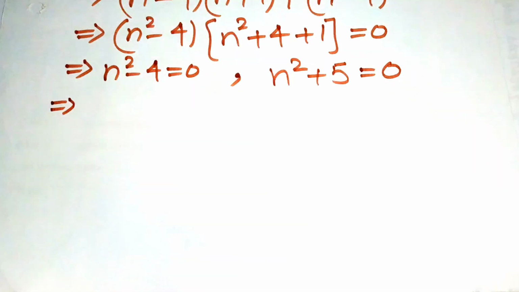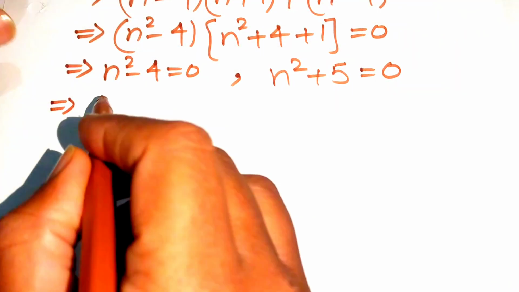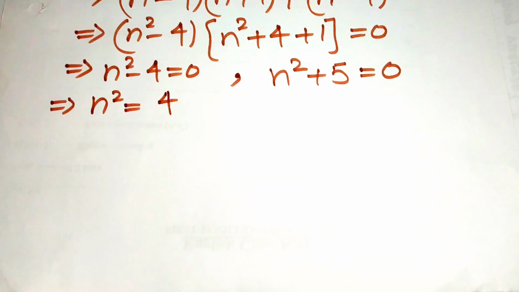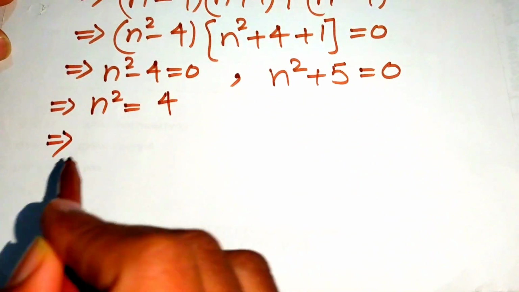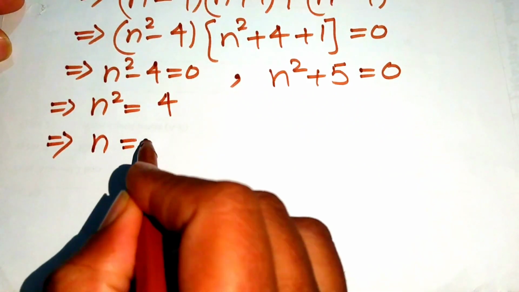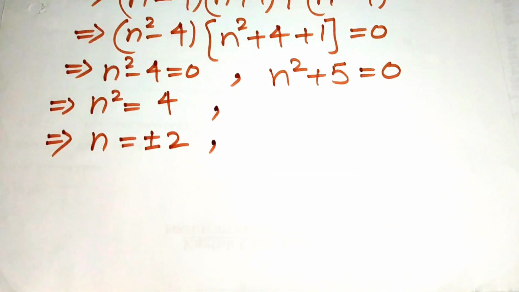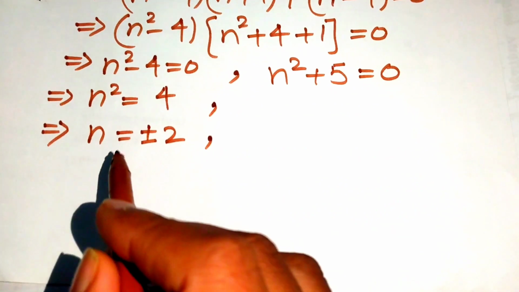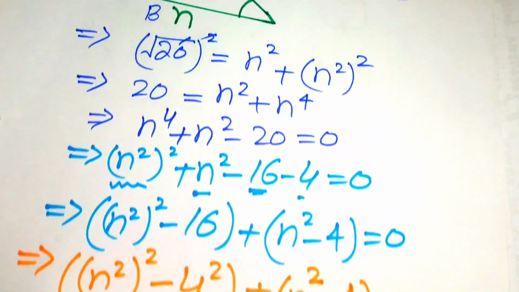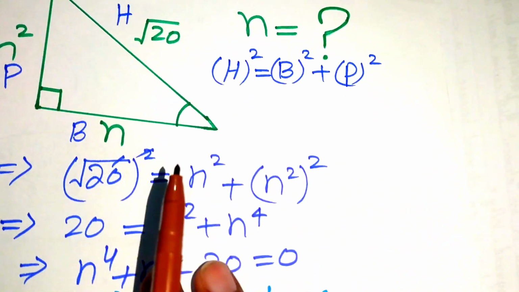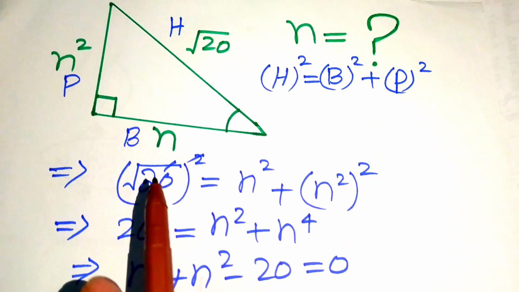We first focus on the first case, in which we have n square equals 4. Now we take the square root on both sides, and you get n equals plus minus 2. But at the start of the problem, we see that n is the side length of this right triangle, the base of this triangle.